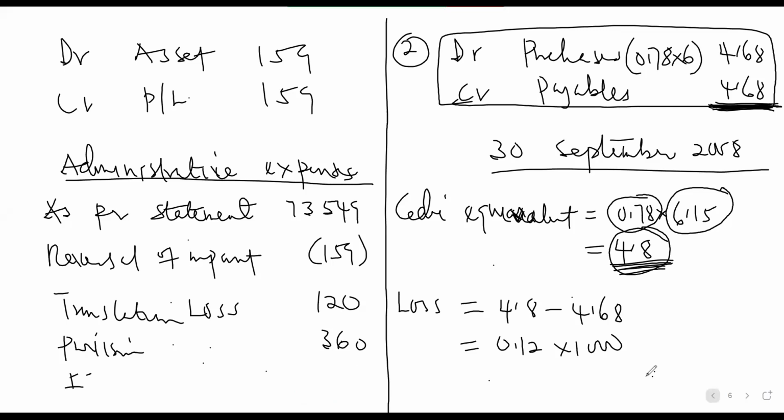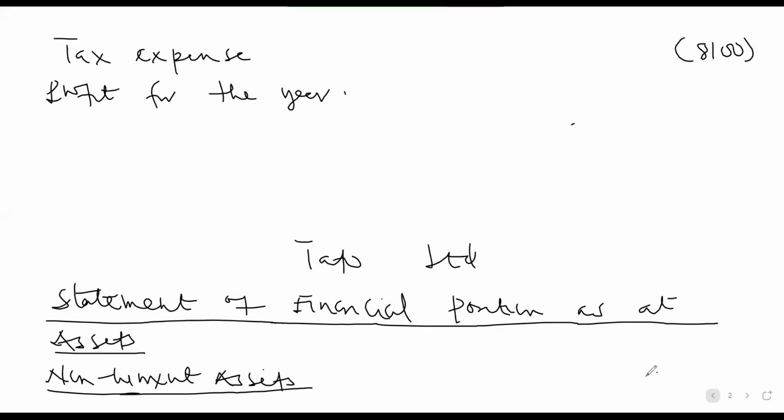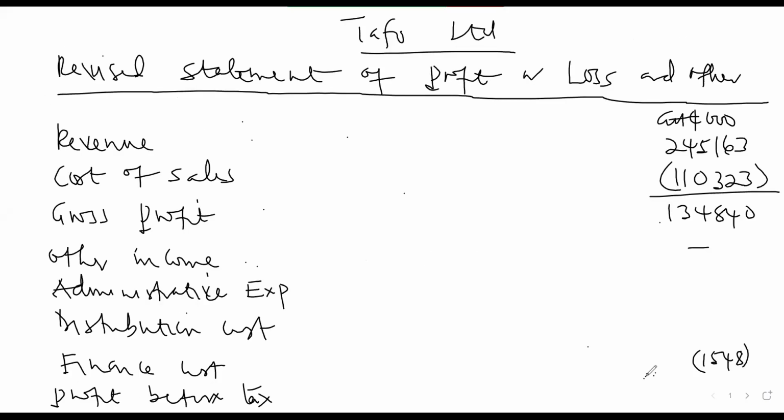Yeah, so issue cost will be 104. Okay, so the total will now be what? 73,766. So our administrative expenses will be 73,766. Okay, distribution is what? 24,516.